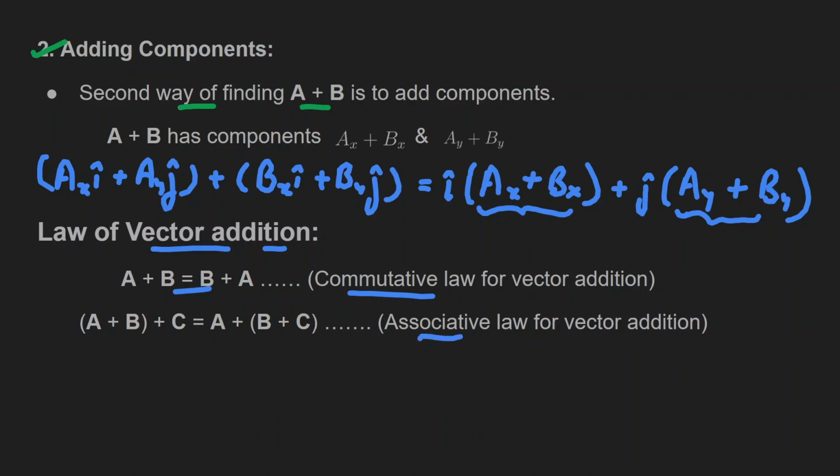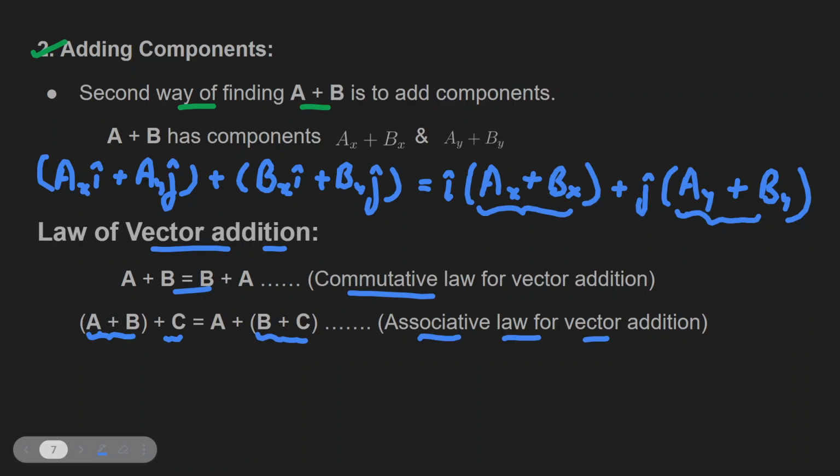Next is the associative law for vector addition. Associative law means what? If I have three vectors A, B and C, what I can do is add A and B and then add vector C to it, or I can add B and C first and then A to it. So the parenthesis, this bracket, is solved first.